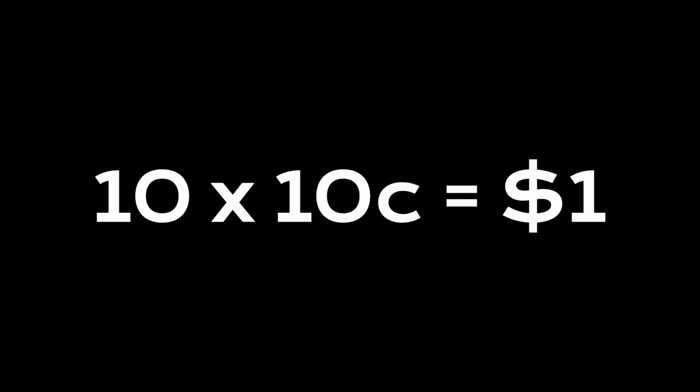So 10 cents, but 10 of those will give you $1, which is 100 cents. $1 is equal to 100 cents. Yes, 4 25 cents will make $1, or what we say, 4 quarters is the same as $1.